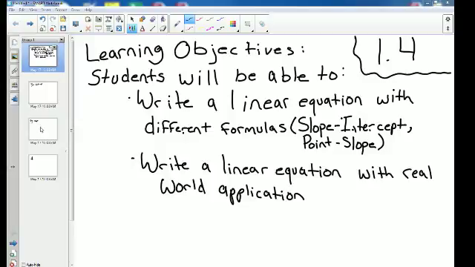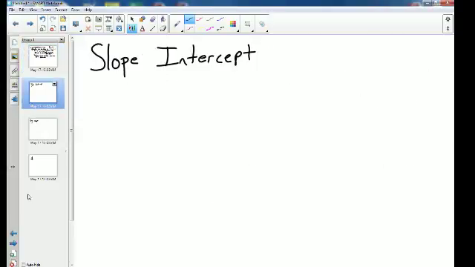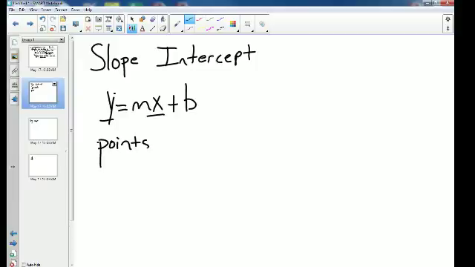First we're going to go over slope-intercept form, which is quite simply y is equal to mx plus b. When you're looking at this equation, your y and your x are each going to be points on your line.